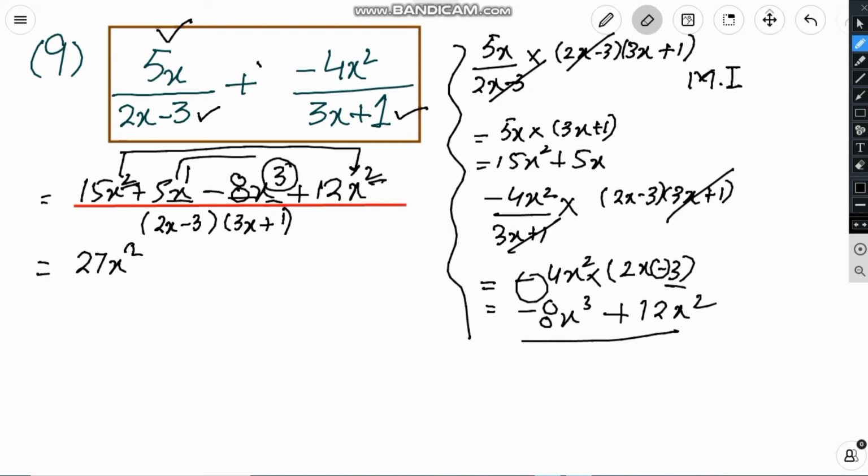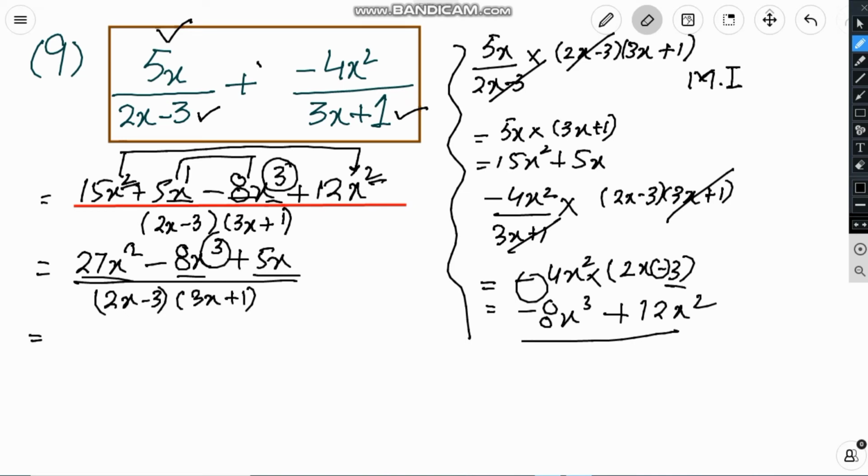So you cannot add or subtract them. So write them as it is, minus 8x cube plus 5x over 2x minus 3 and 3x plus 1. Now just arrange them according to their power. Place the highest power first, that is minus 8x cube. Now 27x square plus 5x.